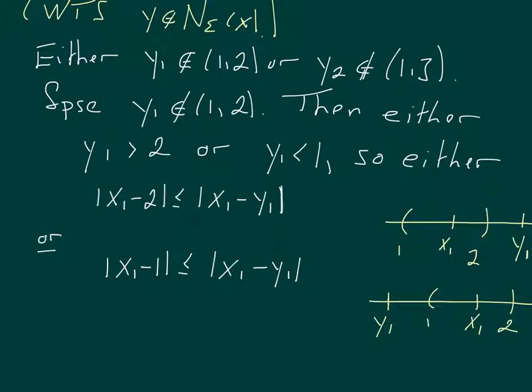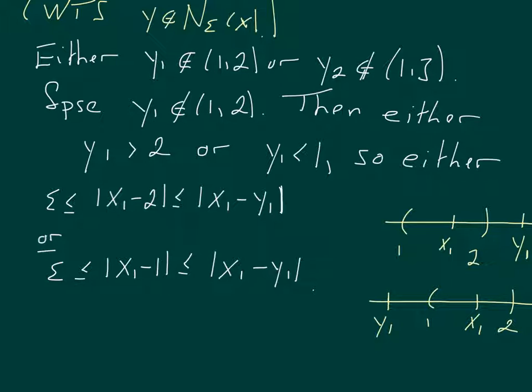But recall that our epsilon that we chose was the minimum of 4 distances, of which this was one of the distances, and of which this was one of the distances. So I know that this number here is at least as big as epsilon, and this number here is at least as big as epsilon. Okay, so what do we know?